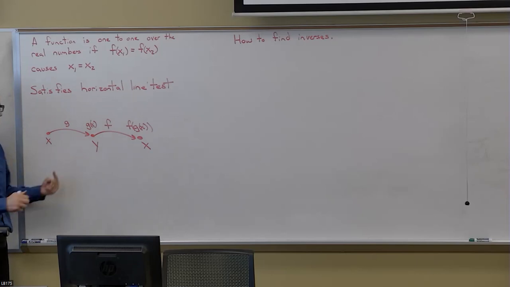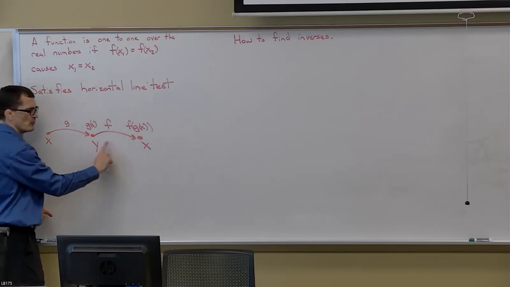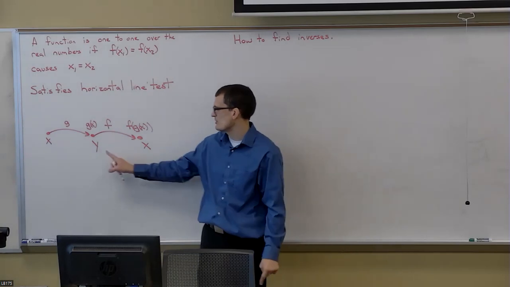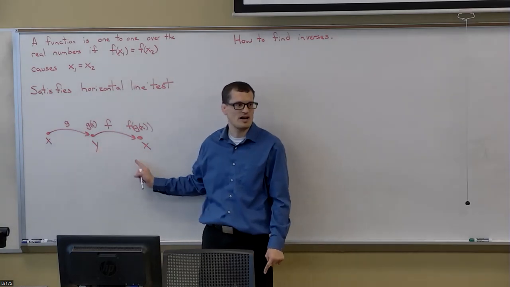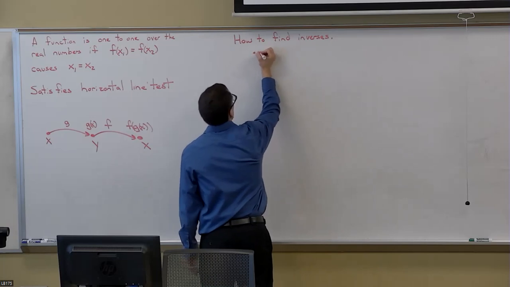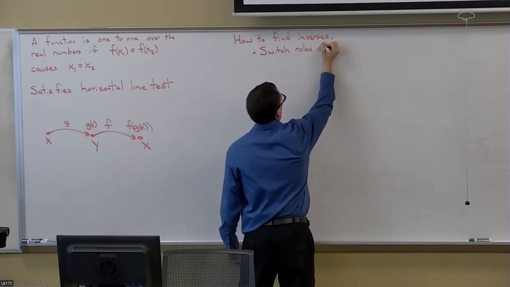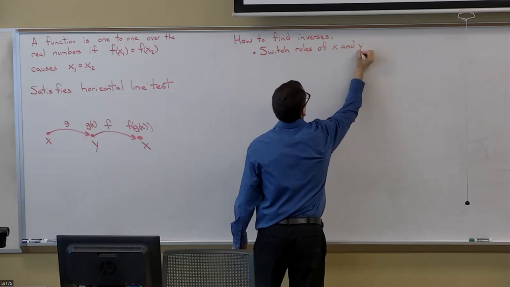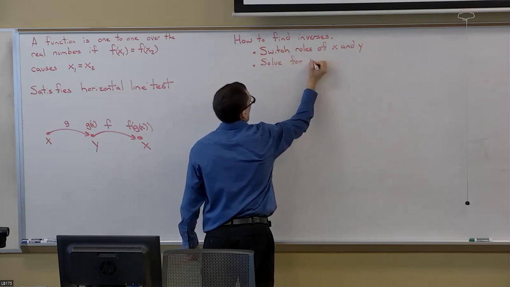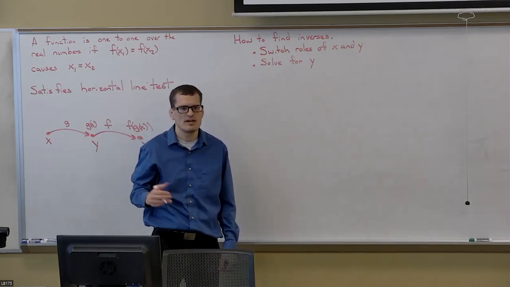Notice what's happening. On one way, we're going from an X to a Y. On the second one, we go from a Y to an X. So to find inverses, what we're going to do is we're going to switch the roles of X and Y and then solve for Y. Okay. Solve to get Y equals.